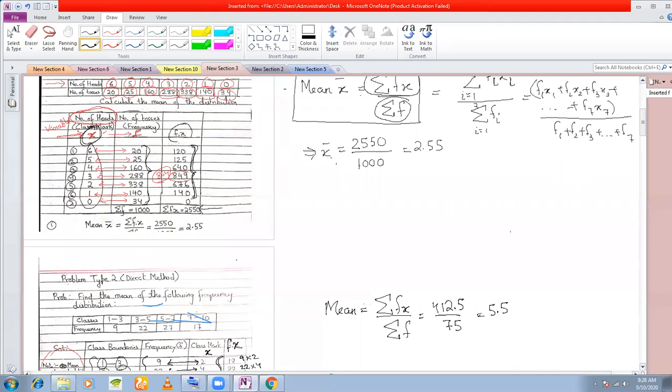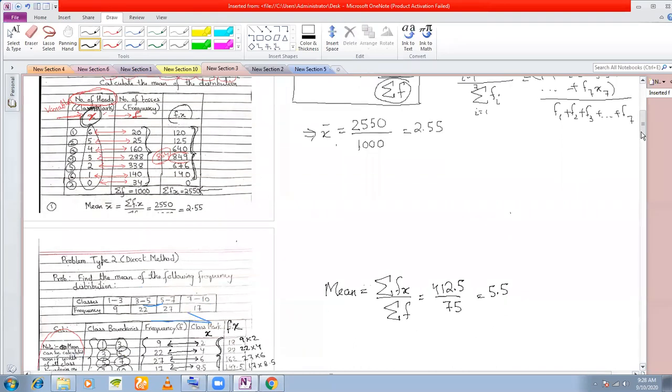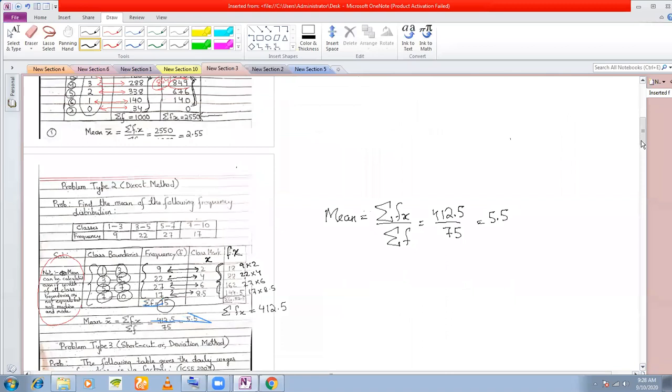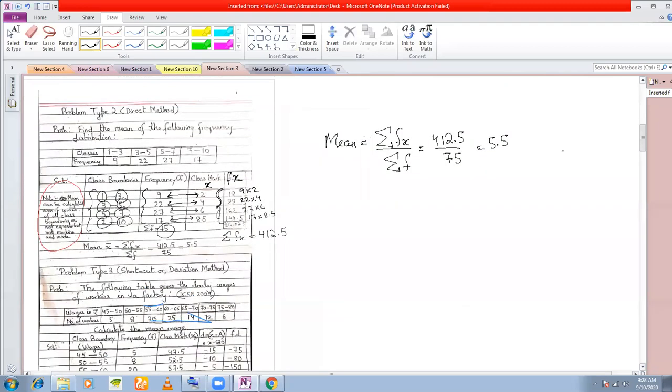But for a frequency distribution which contains class limits or class boundaries, we are constructing this extra column, class mark, which we are taking as X. That is the only difference between the direct method for an ungrouped distribution and for a grouped distribution. In case of a grouped distribution, we are making an extra column.